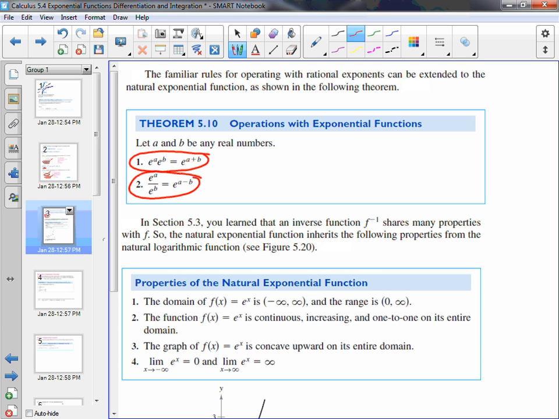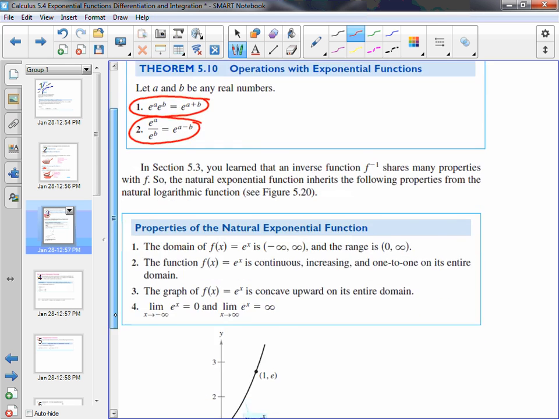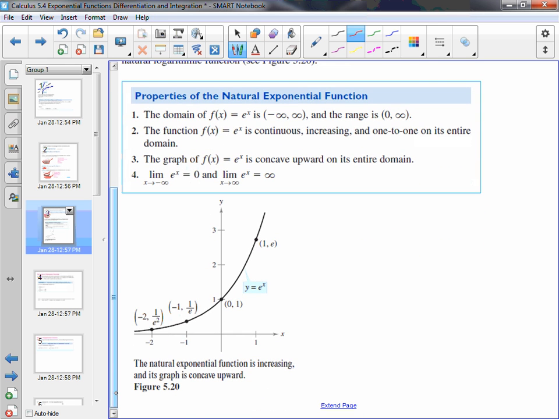Now, some properties of inverse functions. In yesterday's section, we learned that an inverse function shares many properties with the function. So the natural exponential function inherits the following properties from the natural logarithmic function. This is due to the definition of inverse functions. So here are some properties of the natural exponential function that we're going to need to know.